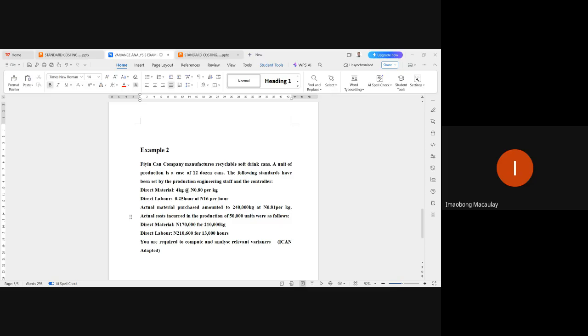How did you know those are the variances? Because those are the relevant items I saw: direct material, direct labor. I did not see variable overhead or any other thing, so I based my understanding on those two.